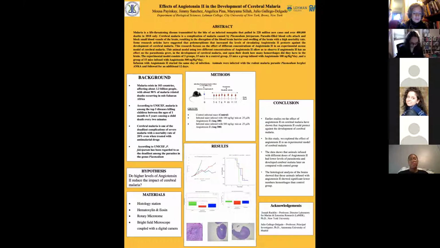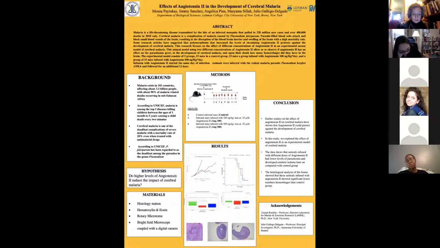So to conclude, earlier studies on the effect of angiotensin 2 and cerebral malaria have shown that angiotensin 2 can protect against the development of cerebral malaria, because when we looked at the data, as I mentioned before, we saw that you had lower levels of parasitemia in the blood, you had a higher probability of living longer, and you had fewer hemorrhages for both groups that were treated with angiotensin 100 and 500 when compared to the control group.